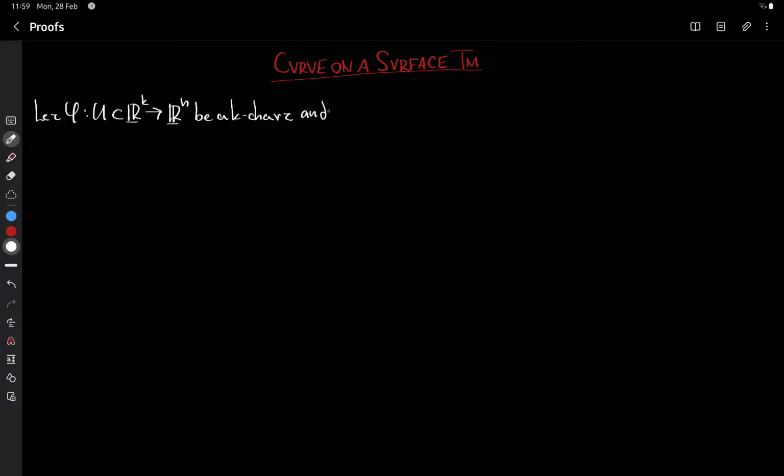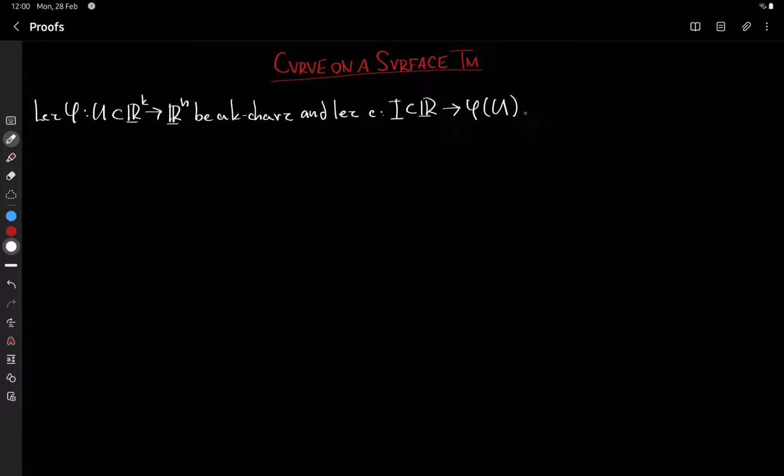And let some curve C, which is a map from a subset of the real number line, some real interval, into phi of U. Right?